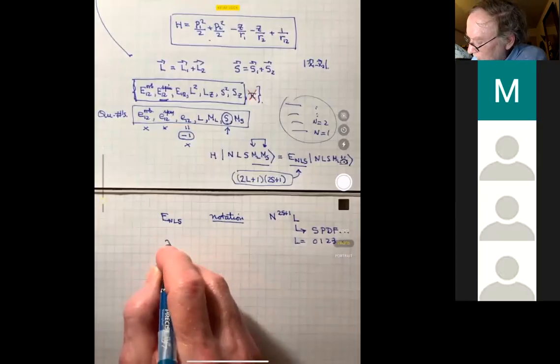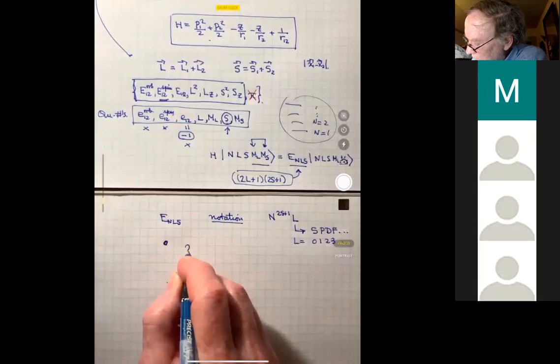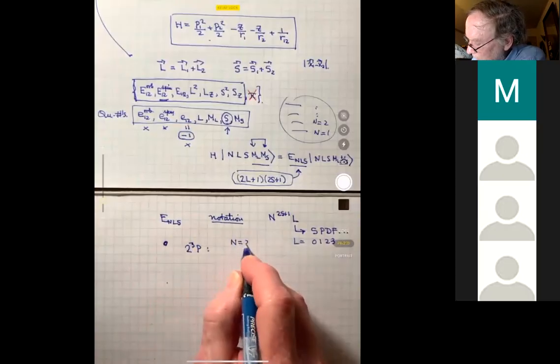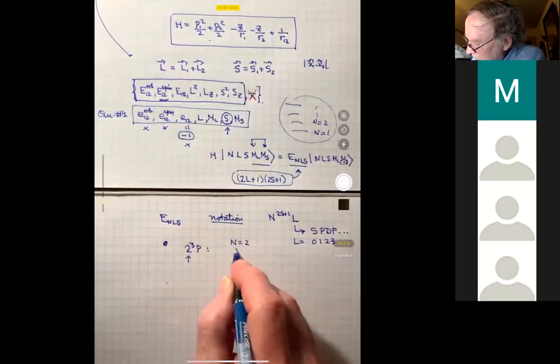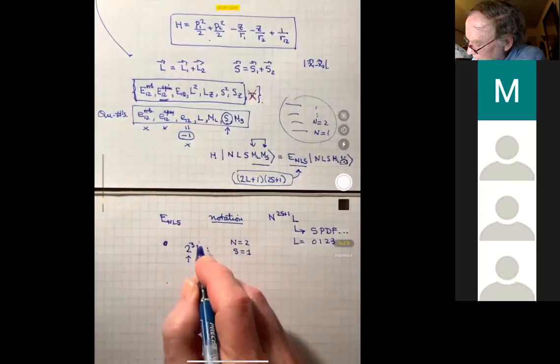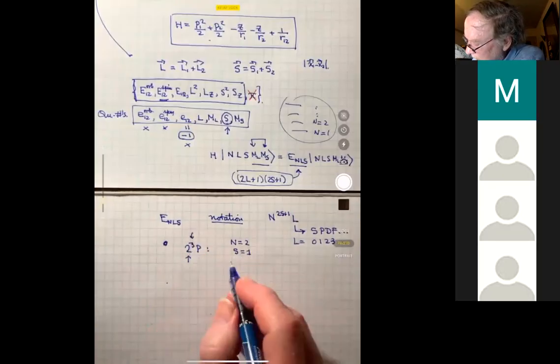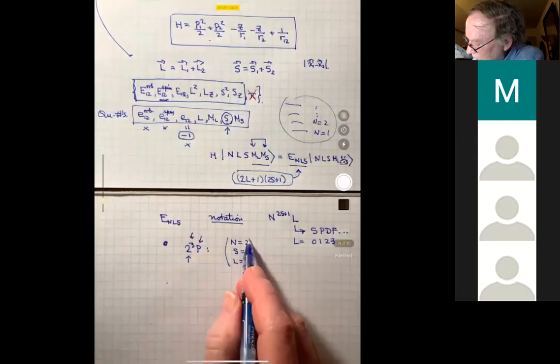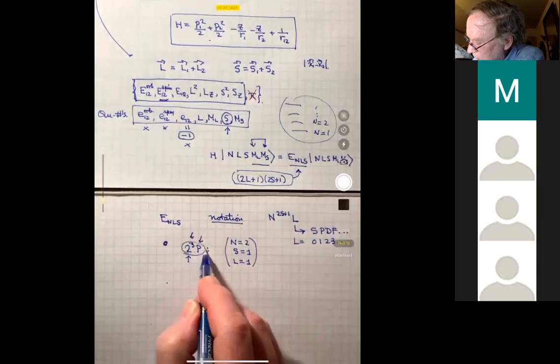So, for example, the state 2 triplet P would be read this way, 2 triplet P. What this means is that N equals 2, that's the 2 here. The S is equal to 1, that's the triplet part, 2S plus 1 is 3. And the angular momentum L is equal to 1, that's the P code for L equals 1. That's the translation from the code into the quantum numbers.